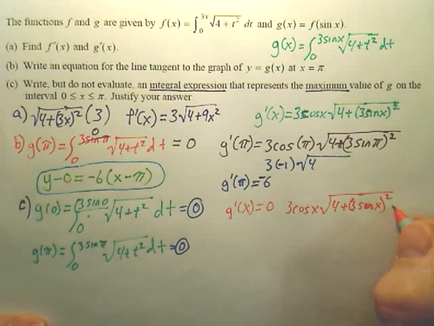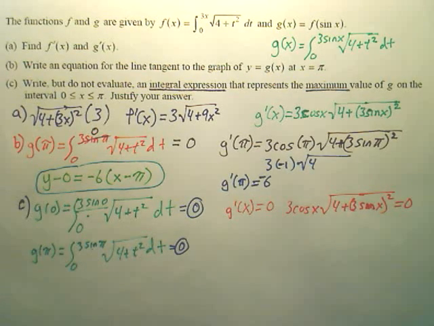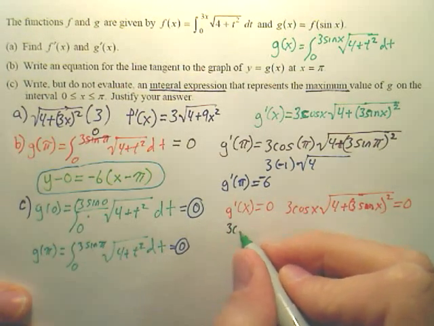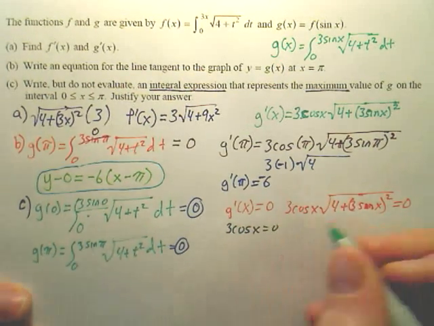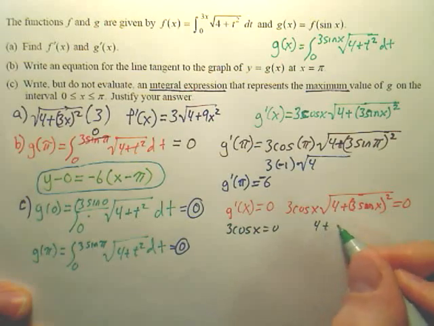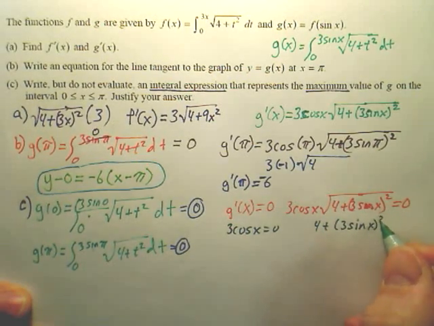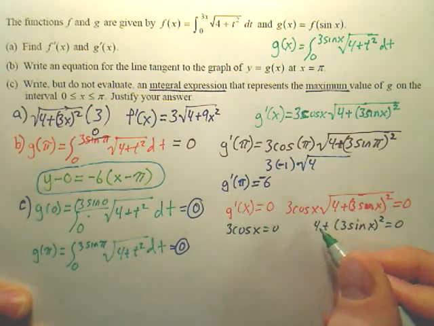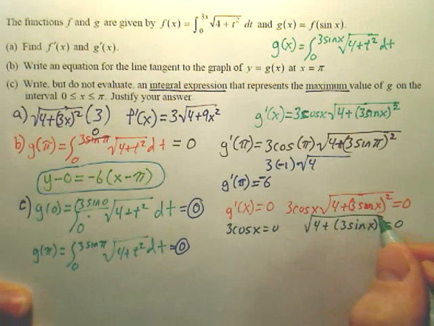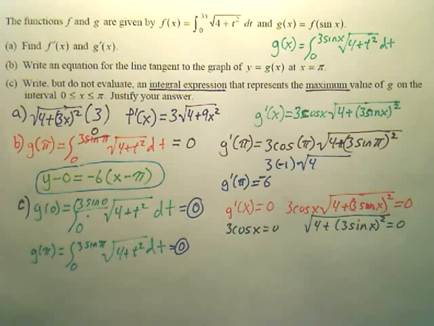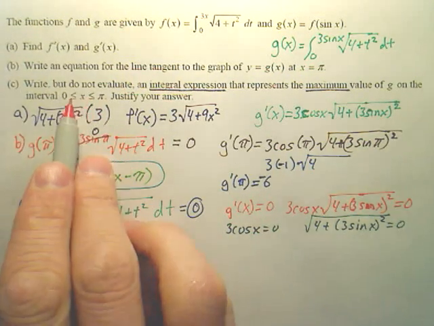We set it equal to 0. What makes 3 cosine x equal 0? And what makes 4 plus 3 sine x squared equal 0? Sorry, we should probably do the square root, but that's just going to drop out. We're going to solve both of these for the interval from 0 to pi.